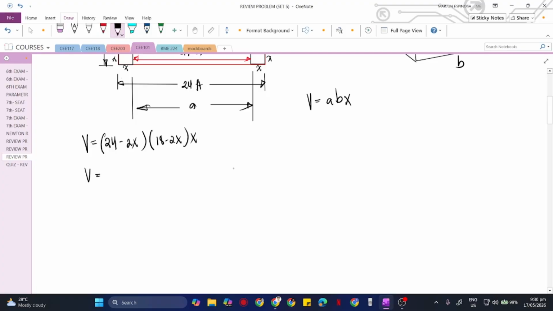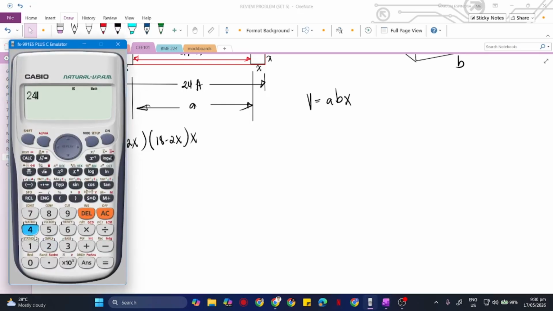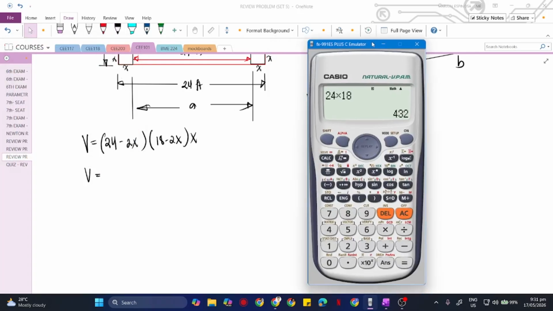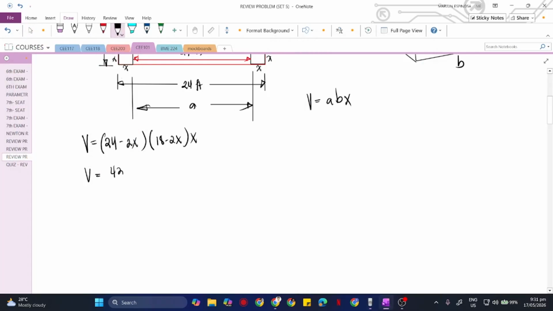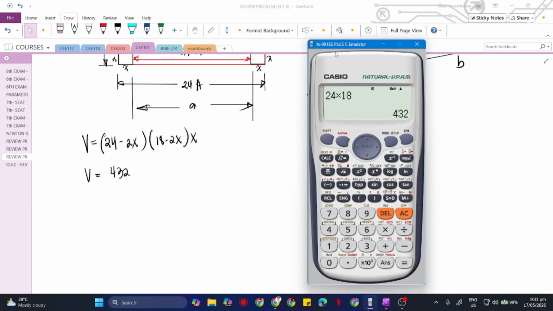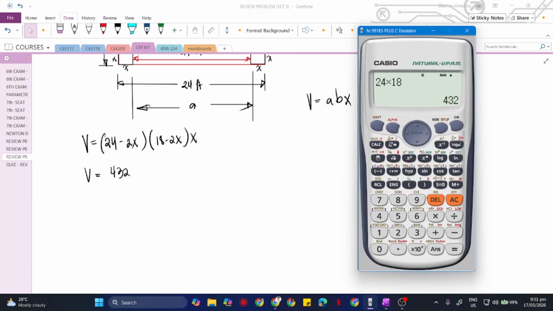So volume will be equivalent to, let's do a quick distribution, 24 times 18, let me carry out this one using my calculator, 432, and that is x.